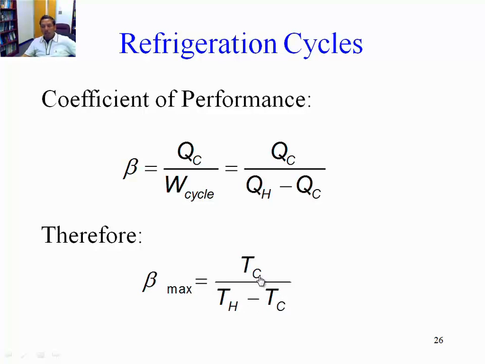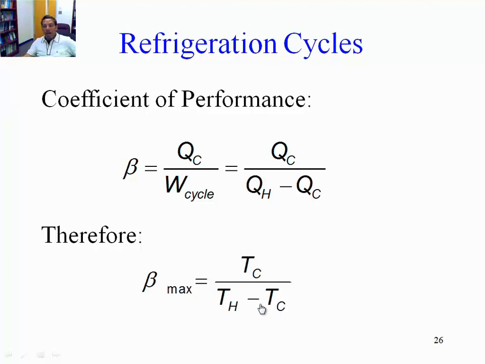Okay. What is the temperature of the cold reservoir? Well, it is 65 degrees, but remember it has to be in absolute temperature. 65 degrees plus 460 to make it to Rankine is 525. 525 Rankine inside this room divided by this temperature difference of 25 from outside to inside. 525 divided by 25 is 21, essentially.